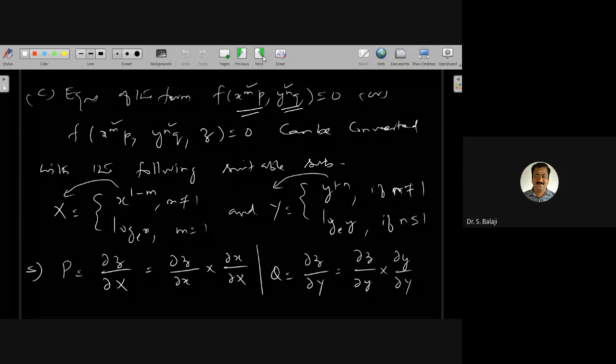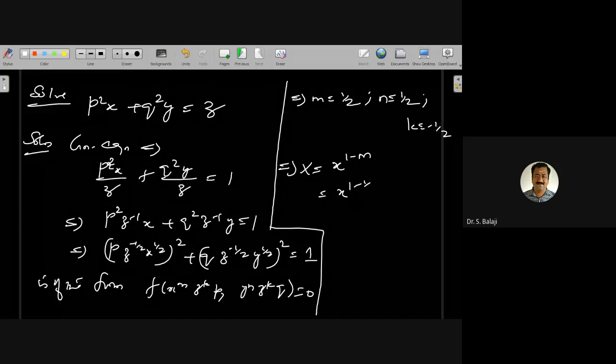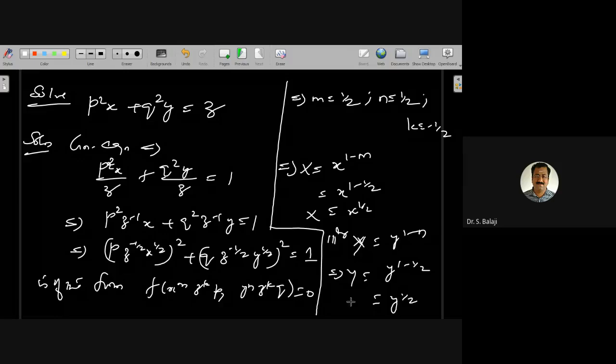Therefore, you can get x power 1 minus 1 by 2, that is x power 1 by 2, so capital X is equal to x power 1 by 2. Similarly, because n is not equal to 1, capital Y is equal to y power 1 minus n, that is y power 1 by 2.